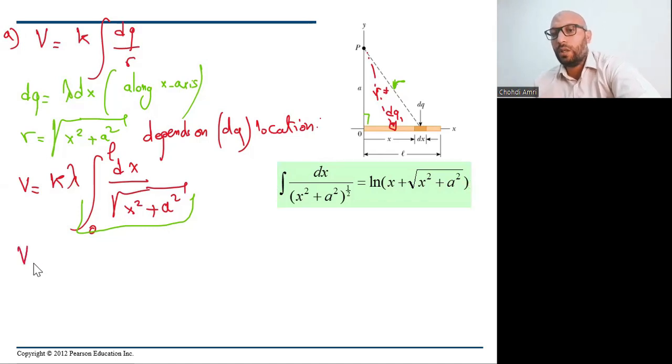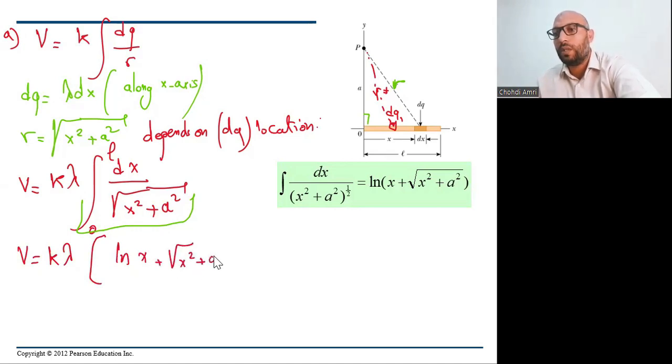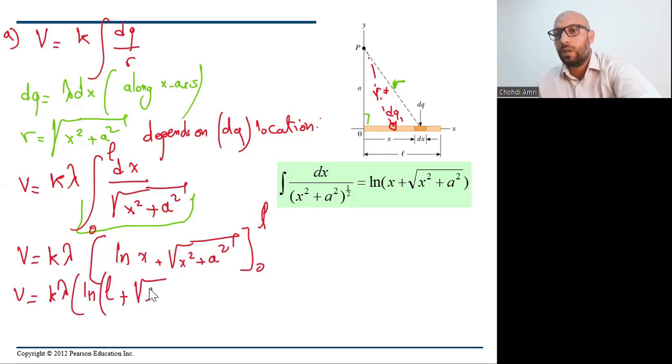So we can write V equal k lambda, the constant, multiplied by ln x plus square root of x squared plus a squared from 0 to L. So V will be equal k lambda ln, at first we substitute by L, ln L plus square root L squared plus a squared.